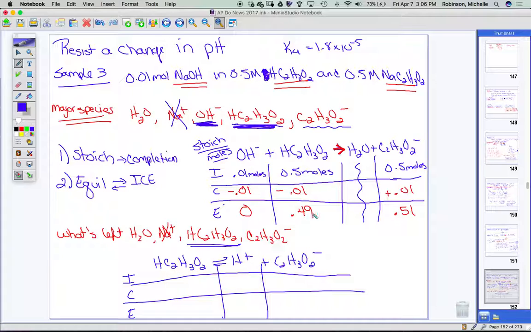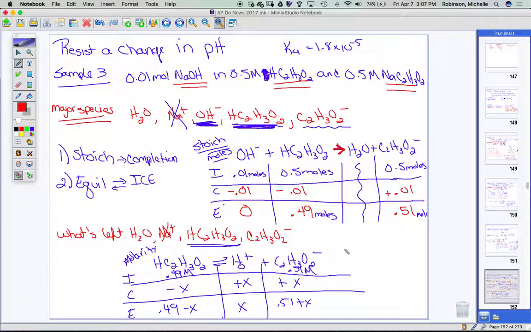Now, technically, I'm in moles up here, and I want to be in molarity down here. In this case, it's the same thing because we have 1 liter and we didn't change anything. So this is 0.49 molar. This is 0. This is 0.51 molar. Still going to shift right. So 0.49 minus x, x, and 0.51 plus x.